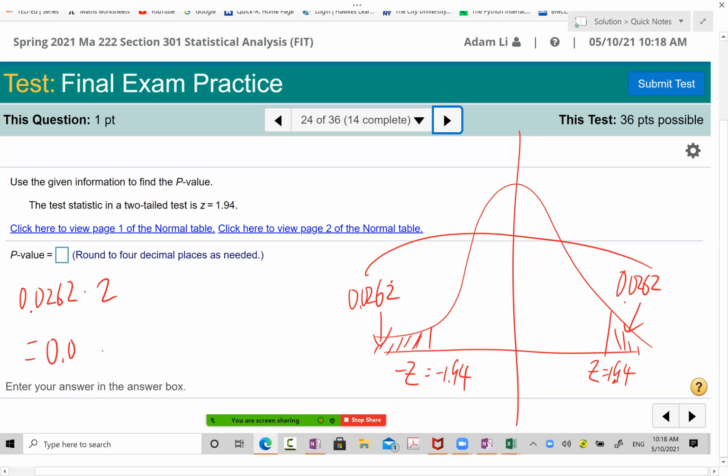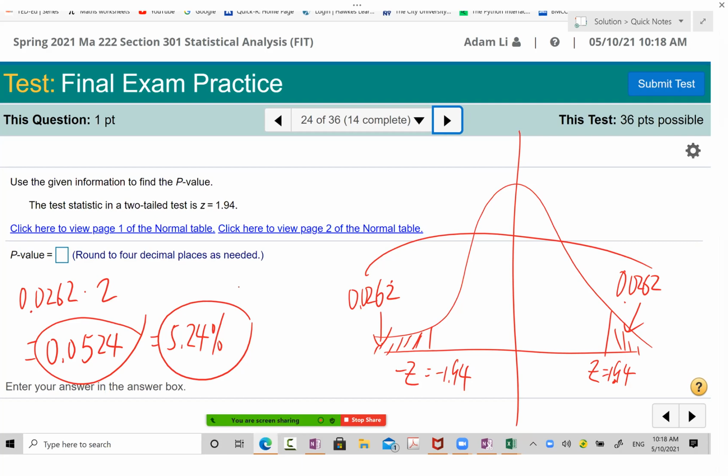So it's 0.0524. And you look at this probability. So this probability is 5.24%. So if alpha equals 0.05, meaning it's slightly bigger than alpha, so it's okay, right? Meaning we fail to reject H0. Okay.